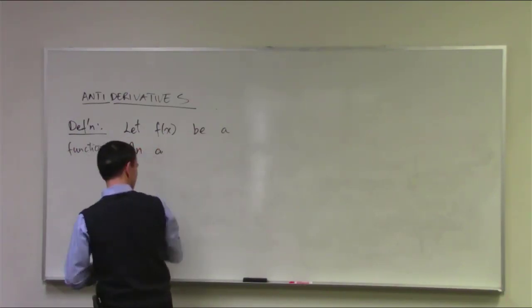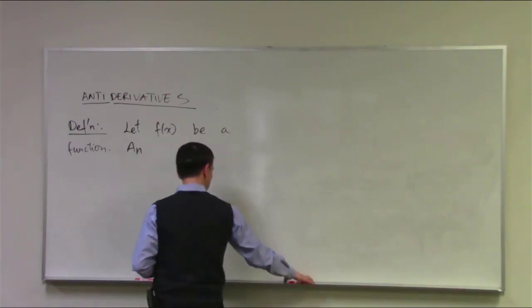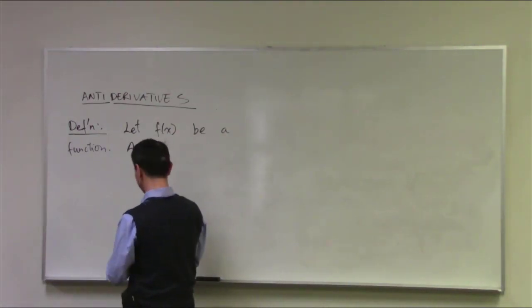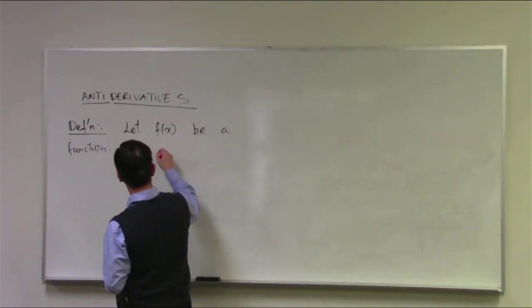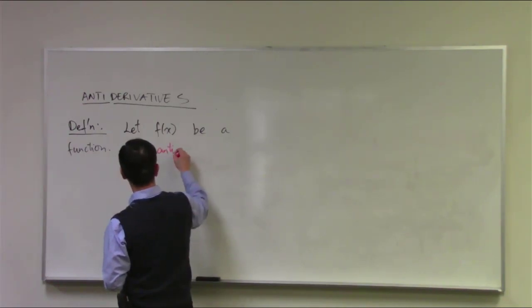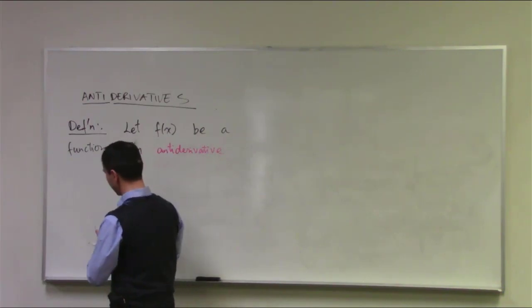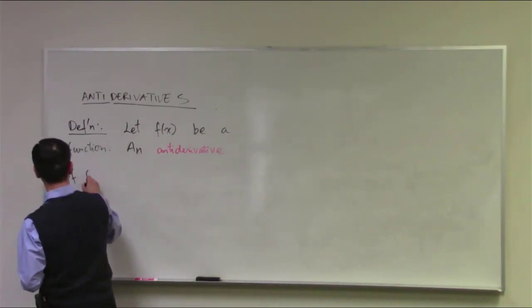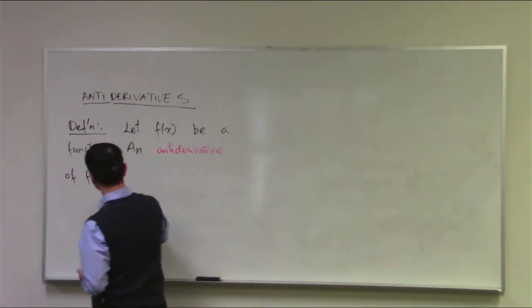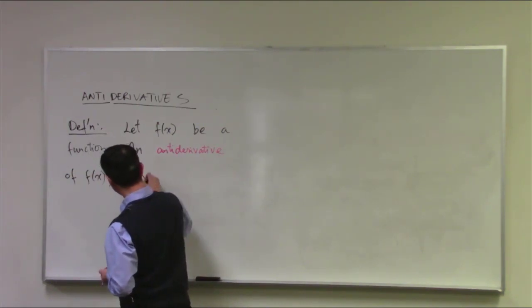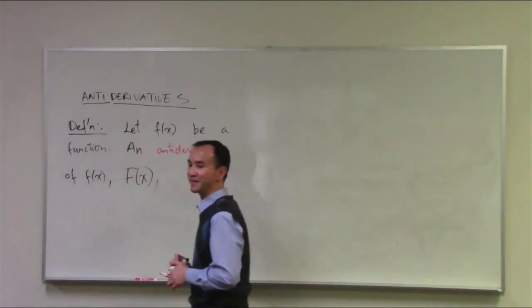So an antiderivative, let me write it in red ink here. Antiderivative of the function f of x. And formally we use the symbol capital F of x. You know what I'm saying, no?